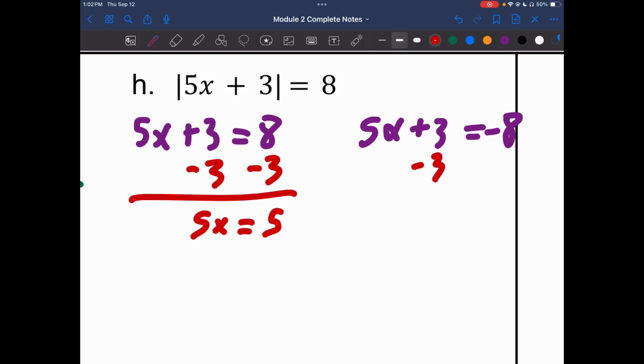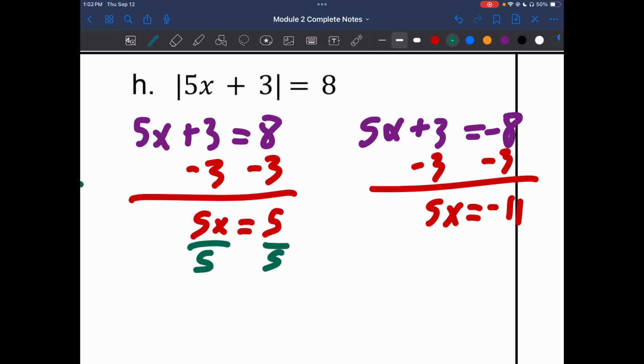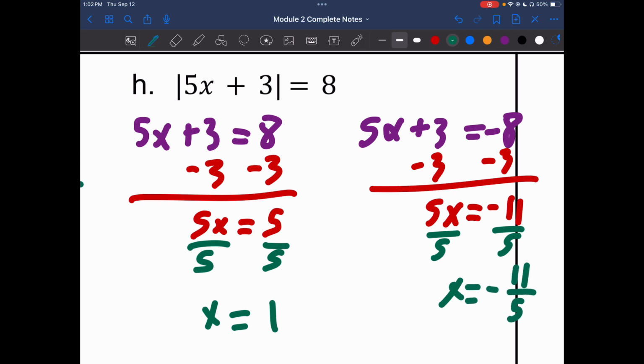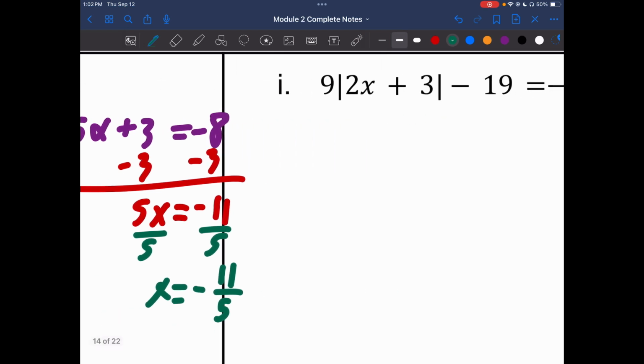We're going to subtract 3 from both sides. 5x equals -11. Divide by 5. X is going to equal +1. Divide by 5. X is going to equal -11/5.